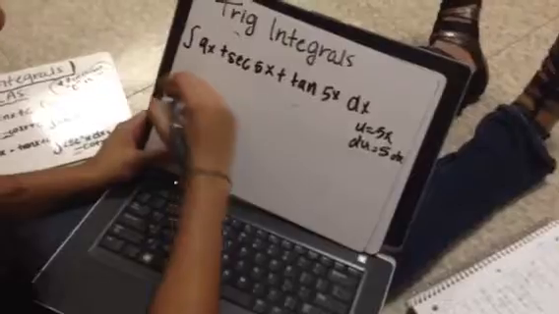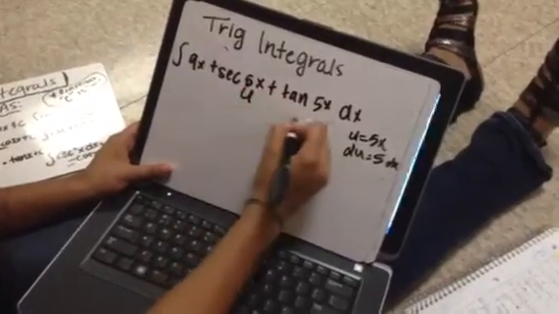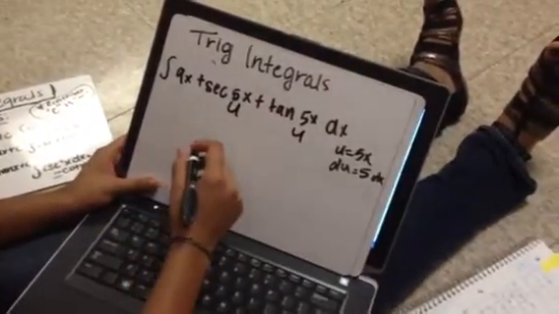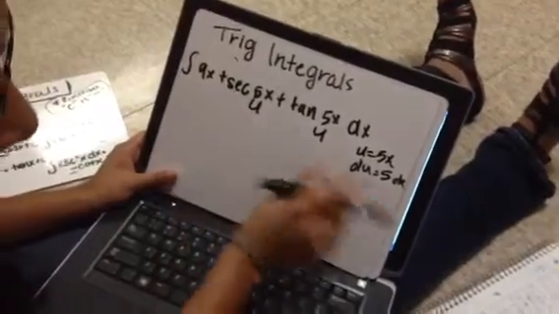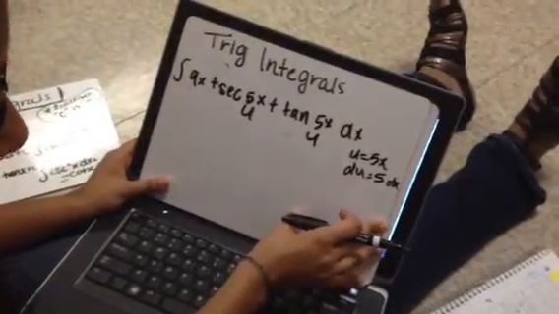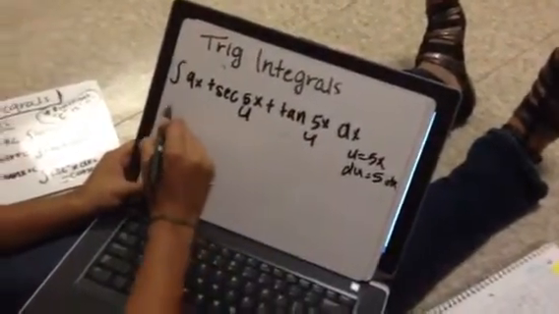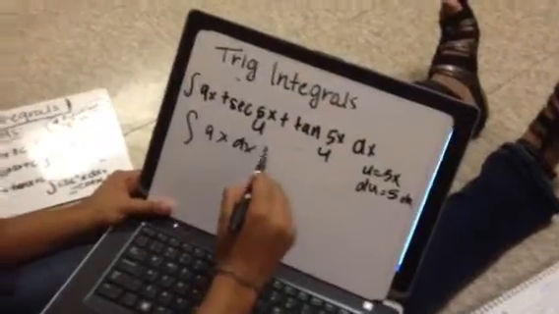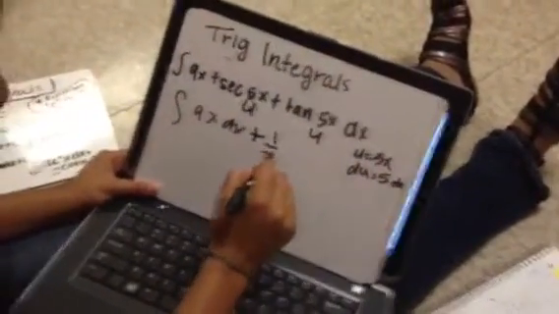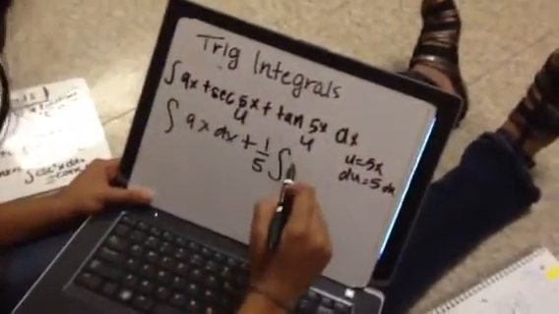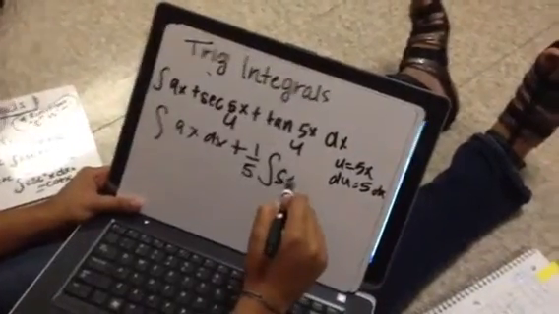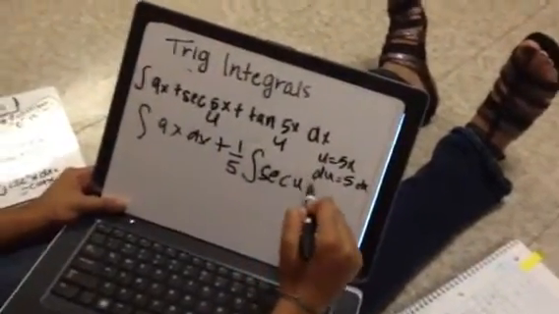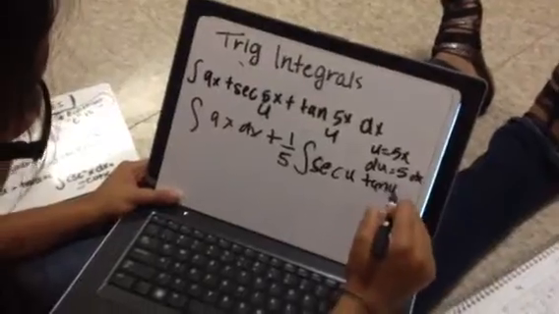You know that these are all your u's right here. And then it's going to become 9x dx. You're going to separate these variables, plus you're going to pull out a 1/5, and it's going to become secant of u tangent of u du.